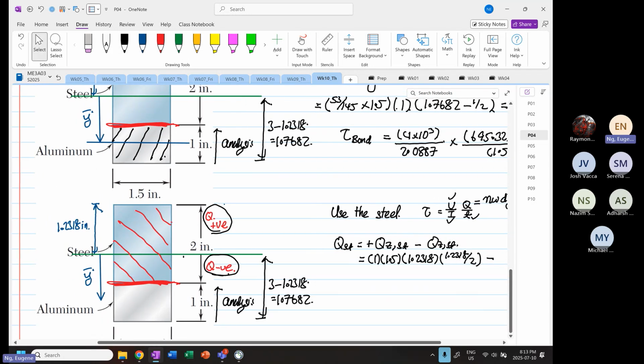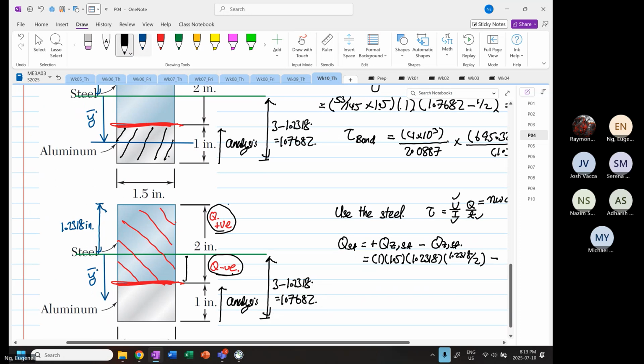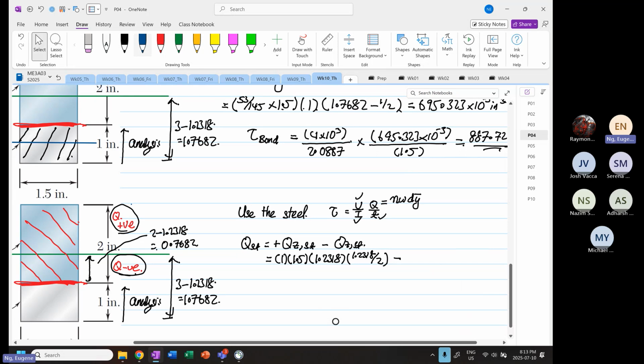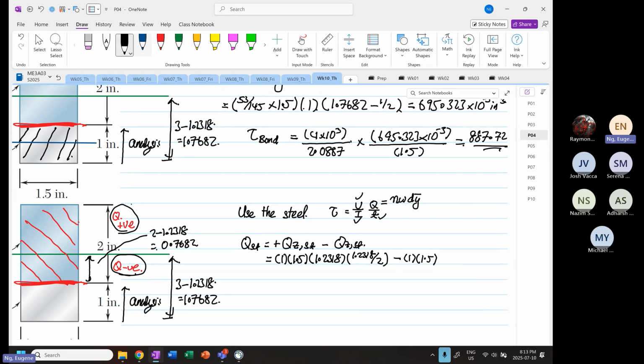So this thickness is equal to 2 minus 1.2318, which is equal to 0.7682.